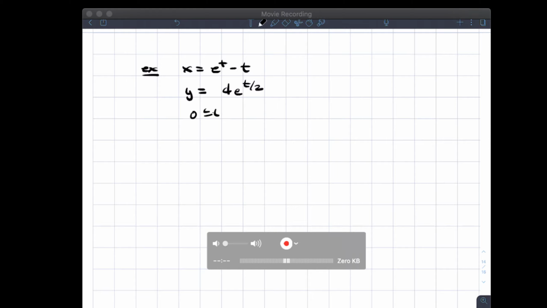And again, t is going to be from 0 to 1 here. And maybe we want to look at that one. I'm kind of curious. e to the t minus t, and 4e to the t over 2. This is 4, and that's 0 to 1.